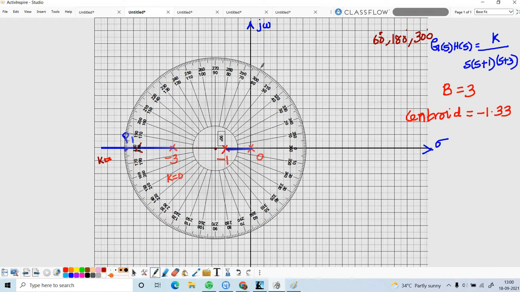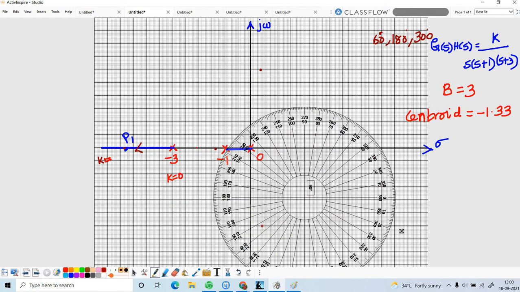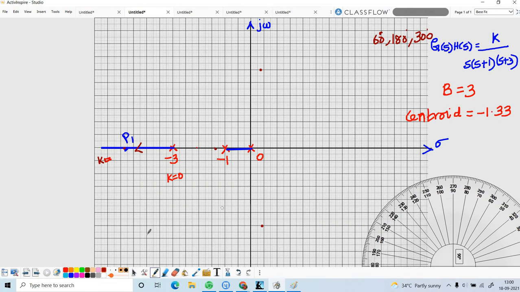Then I am going to mark the three angles, 60 degrees, 180 degrees and 300 degrees. First I am going to mark the 60 degrees. So 60 degrees is marked. Then I am going to mark the 300 degrees. The 300 degrees is also marked. Then I am going to mark the 180 degrees. The 180 degrees is marked. After finishing this, I have to connect the centroid with these angles.